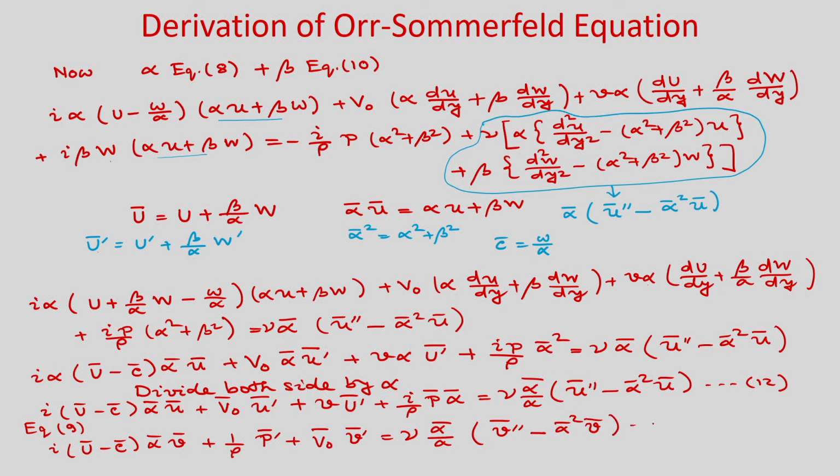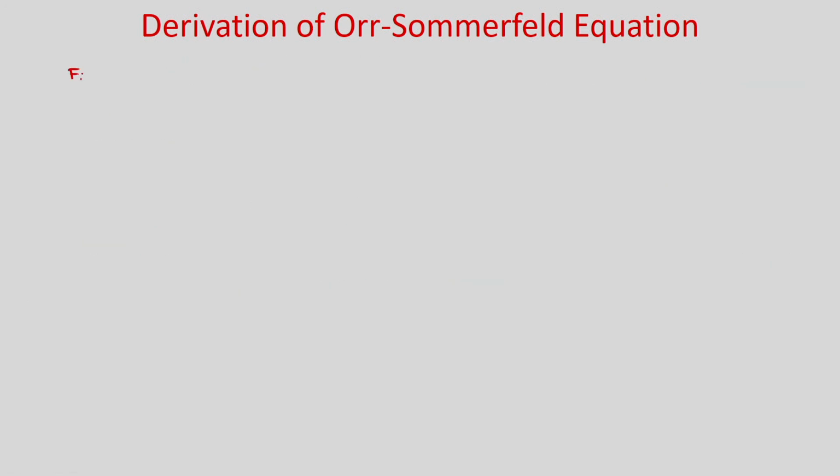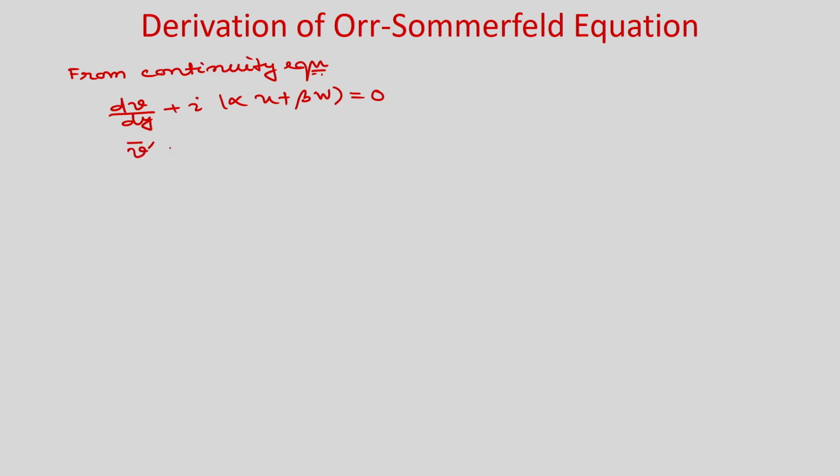Let us say that this is equation number 13. Okay. So, now from continuity equation we will get dv by dy plus i alpha u plus beta w is equal to 0. So, this we can write, okay, v prime bar plus i alpha bar u bar is equal to 0 using squares approximation.